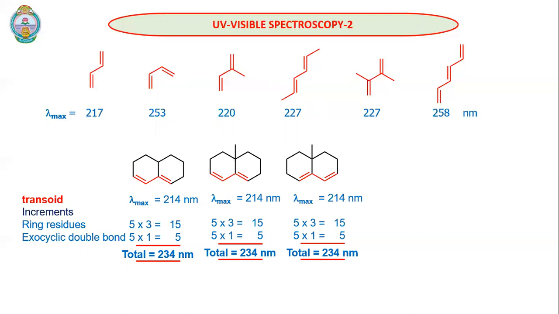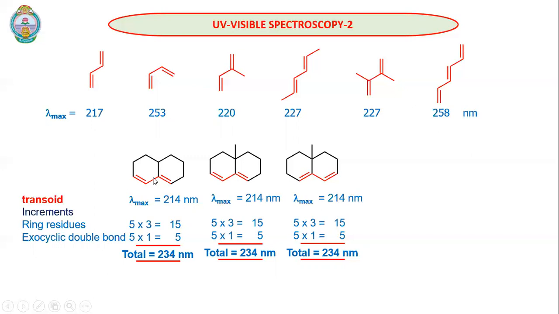So that means the lambda maximum value will give us information only about the parent system, the diene and the substituents directly present on the diene.